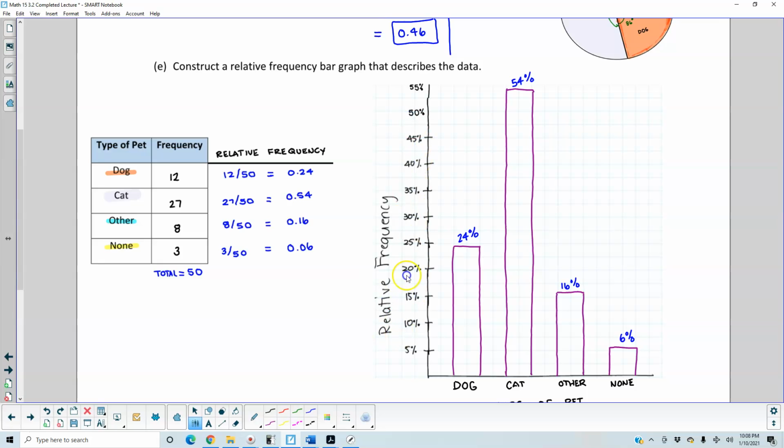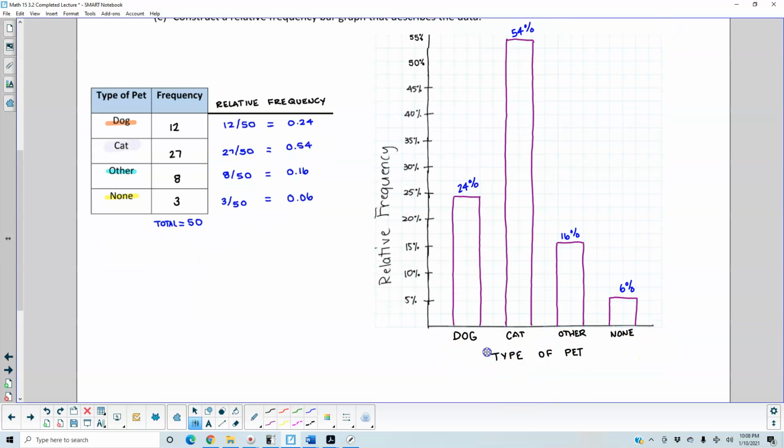So remember that the vertical axis is going to represent the percentages, and it's going from 6% to approximately 54%. So we're going to go in increments of 5 and go all the way up to 55%. And then our horizontal scale represents the type of pet: dog, cat, other, and none.